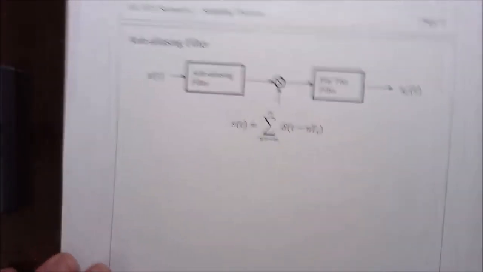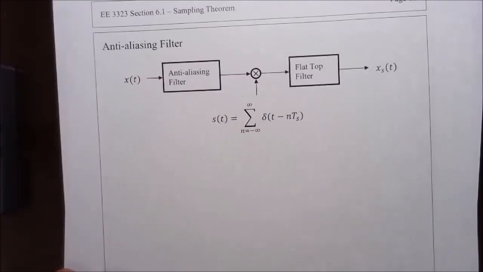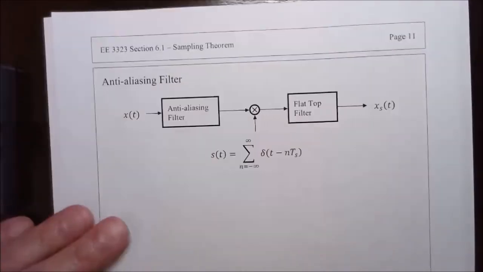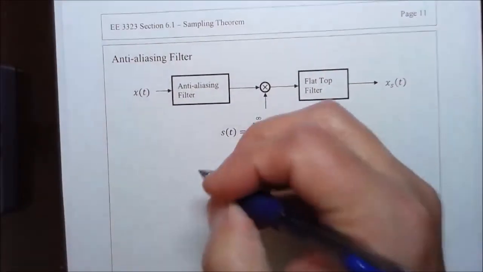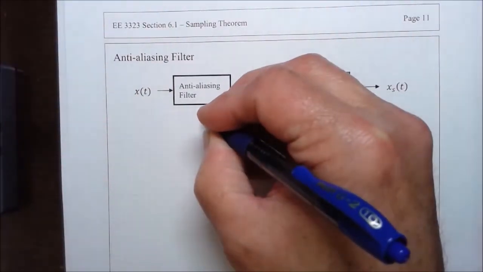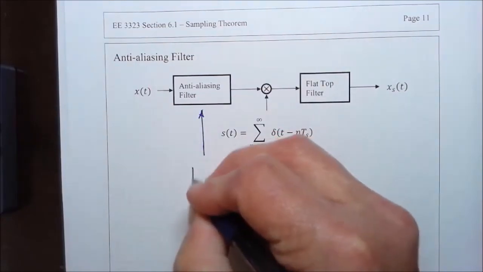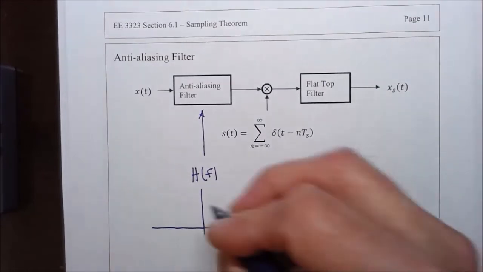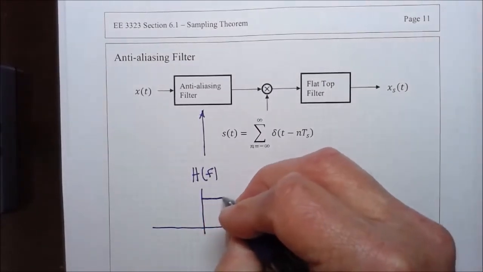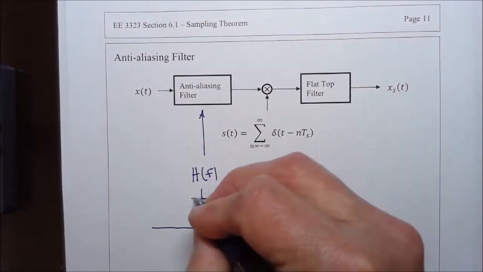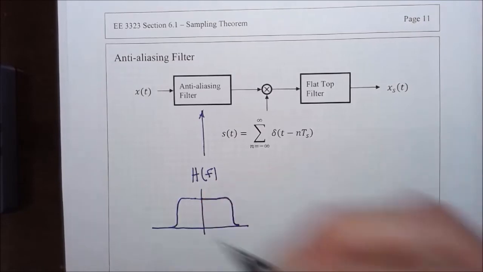Now, to address this problem, what is often used is an anti-aliasing filter. The anti-aliasing filter will have a transfer function that is essentially a low-pass filter with a very sharp cutoff, or as sharp as you can reasonably build.